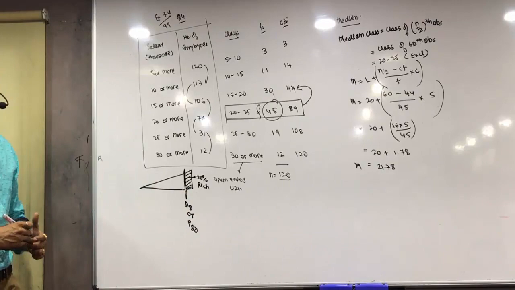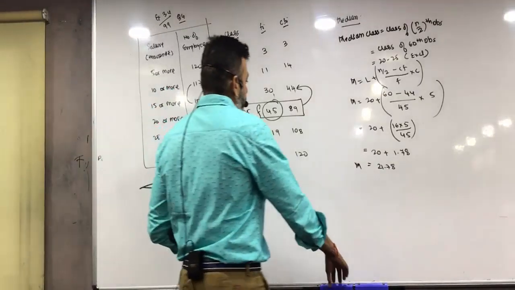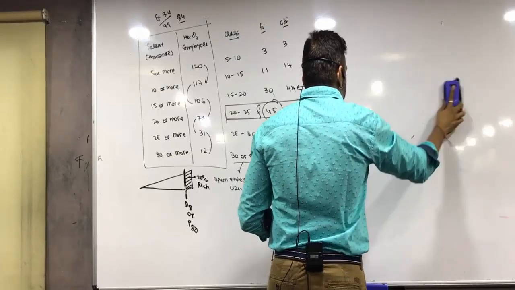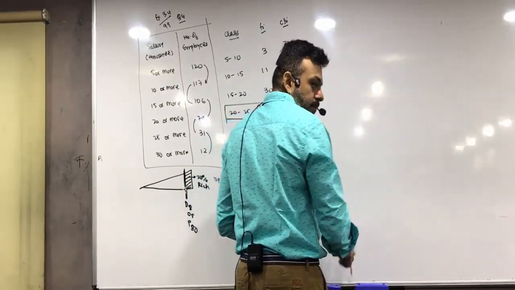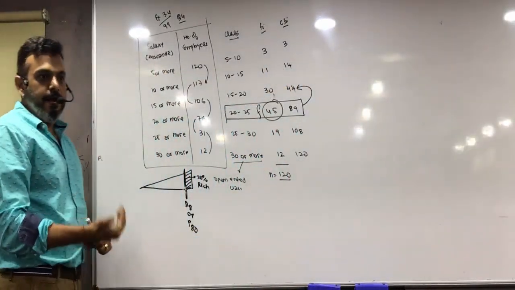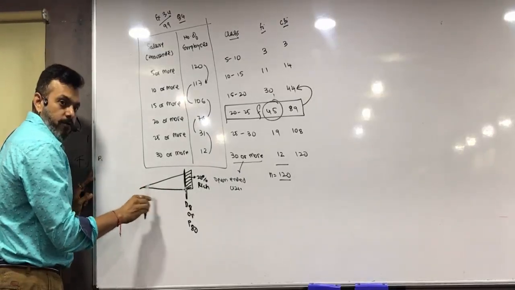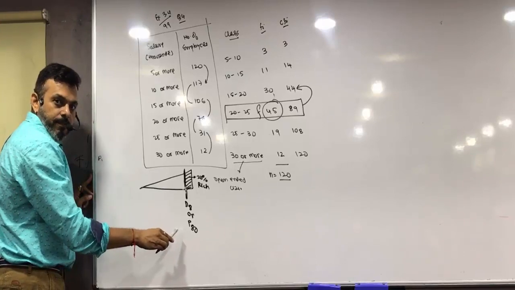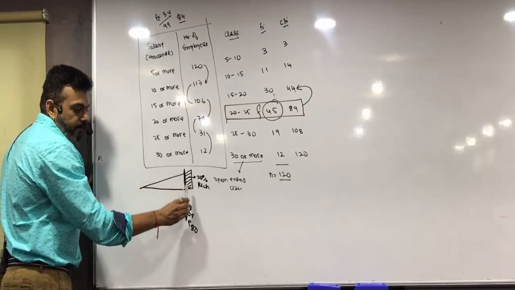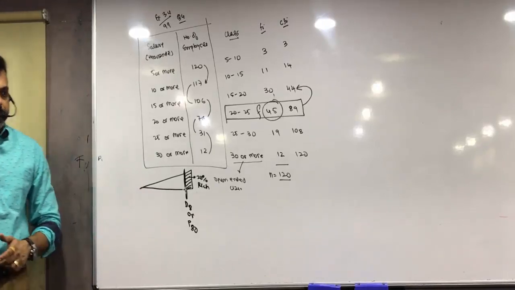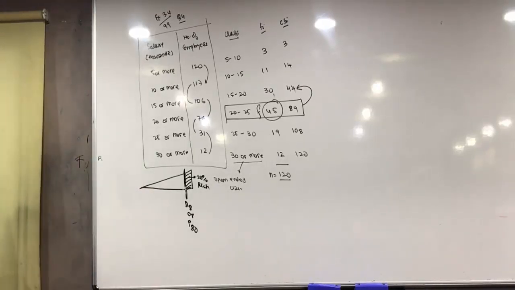So what we have to find next is D8 or P80. Both are the same. Whether D8 or P80, you understood how it is the same? Because 8 parts out of 10 means 80 parts out of 100. It's the same. So let's write it.